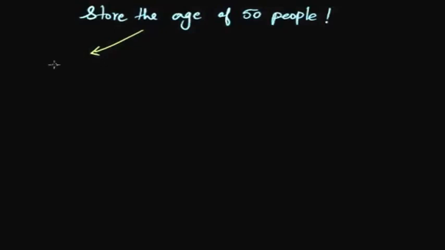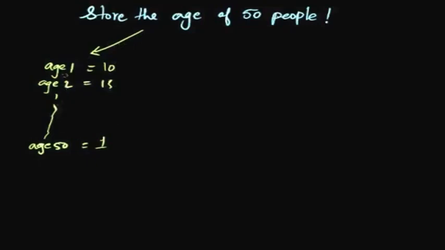We will need to declare 50 variables, age 2 and so on up until age 50, right? We need 50 variables, and to each one of them we will have to assign some values, right? And so on until 50.